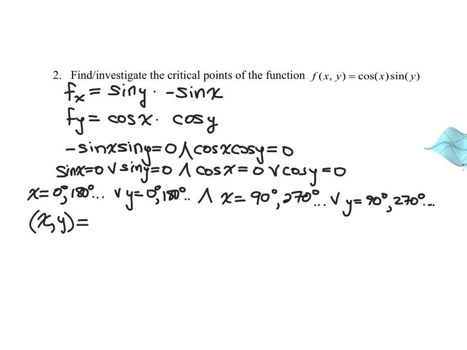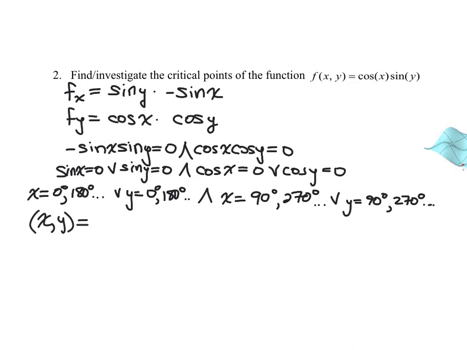So 0, 0 is not an ordered pair. Even though I have a 0 here and a 0 there, it doesn't work for both equations, so that's no good. But if I take a 0 for x, and really anything but these values for y, I'll be in good shape.